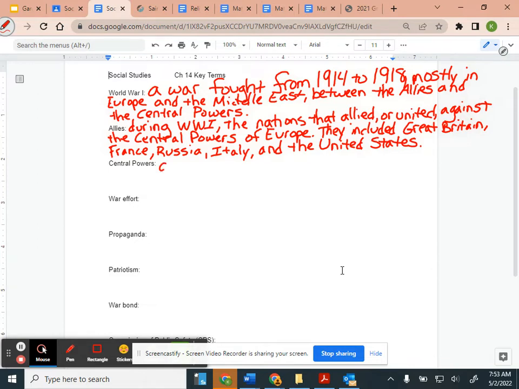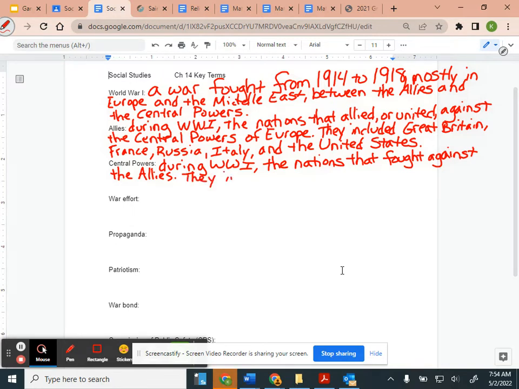So the Central Powers during World War One, the nations that fought against the Allies, included Germany, Austria-Hungary, and the Ottoman Empire.